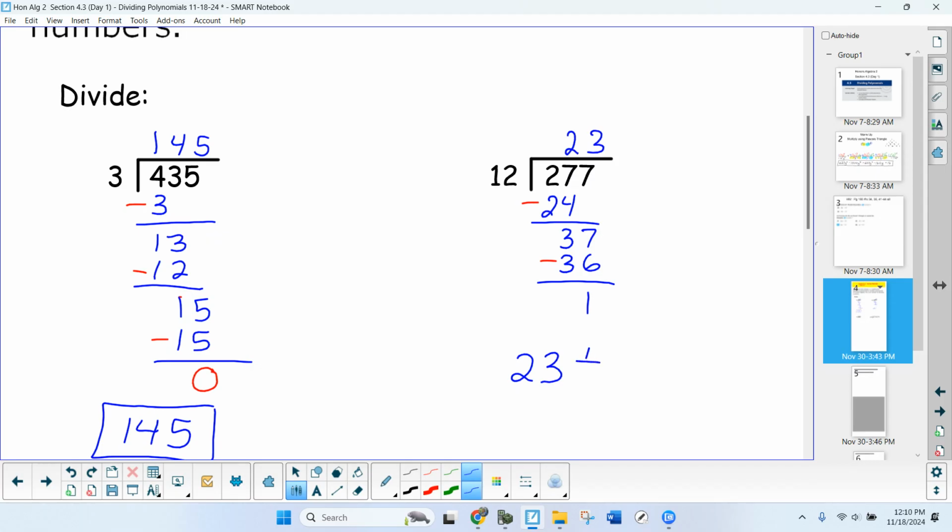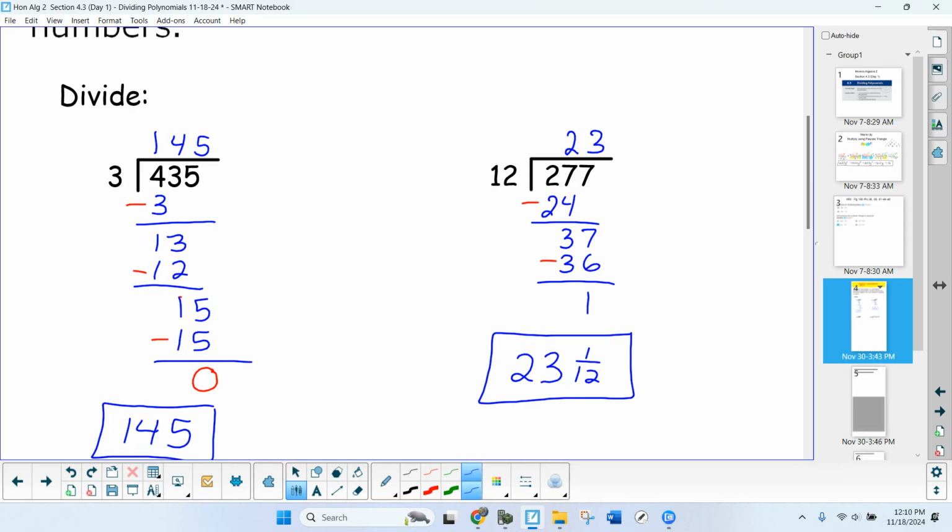You said 1/12. Do you remember doing that? Because you're still dividing 1 by 12. So it's 23 and 1/12.